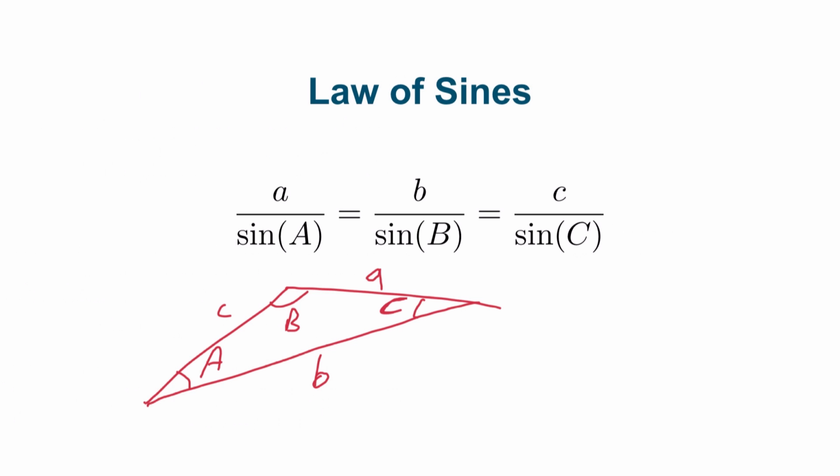The ratio of the side length to the sine of that angle is constant. So little a divided by sine of big A is equal to little b divided by sine of big B, which is equal to little c divided by sine of big C. So why is this useful?